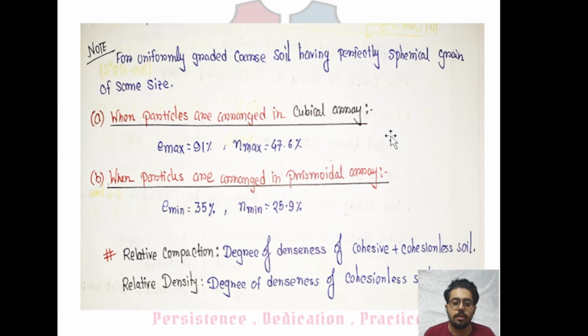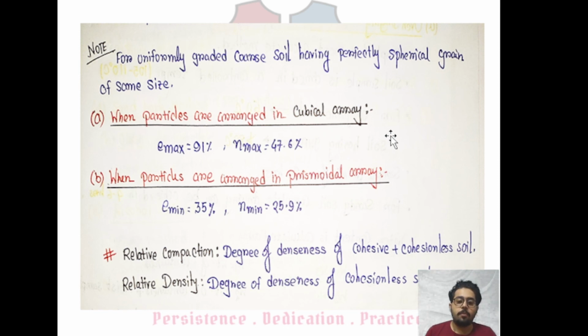When the particles are arranged in a prismoidal array, then the minimum void ratio should be 35% and the minimum porosity should be 25.9%. Just remember these points, they can come in your exam.